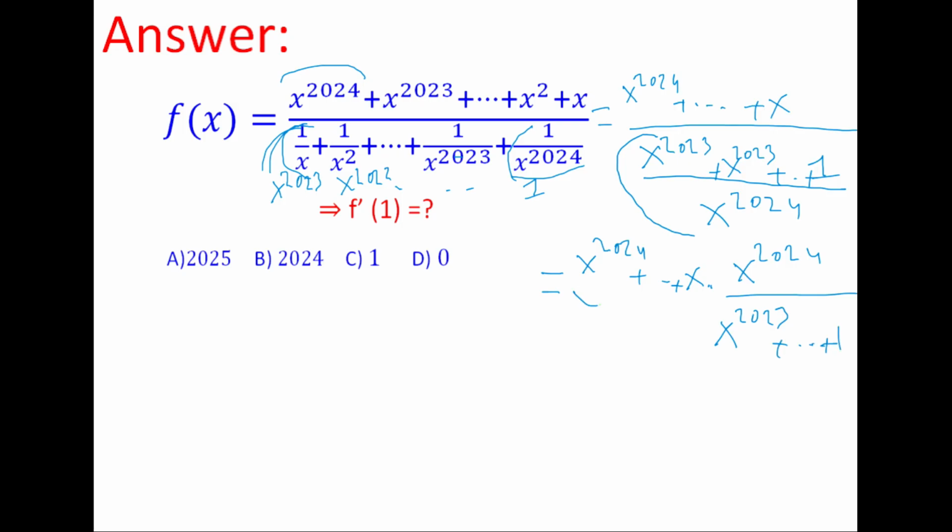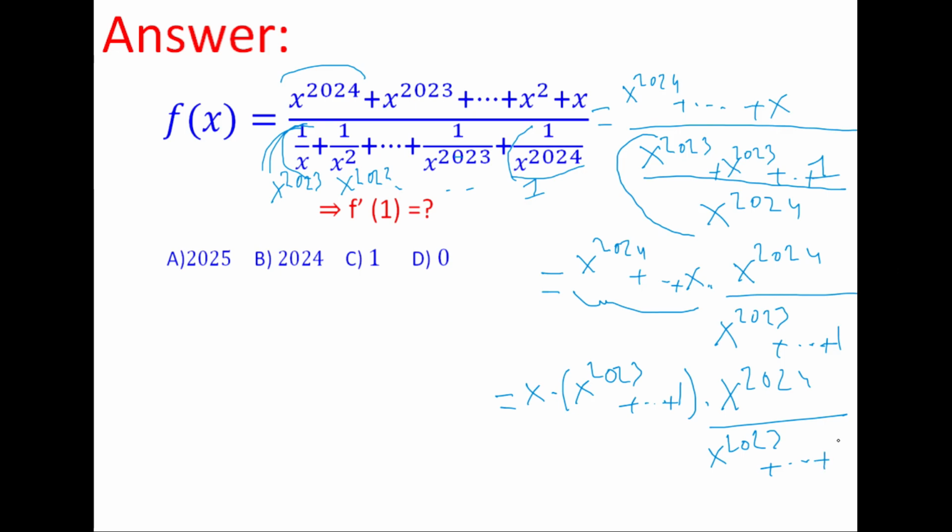If you look here, I'm going to take the whole term into x parentheses, and once you do it, then we're going to have x times x to the power of 2023 plus, and the last term is going to be 1 times x to the power of 2024, divided by x to the power of 2023 plus up to 1.